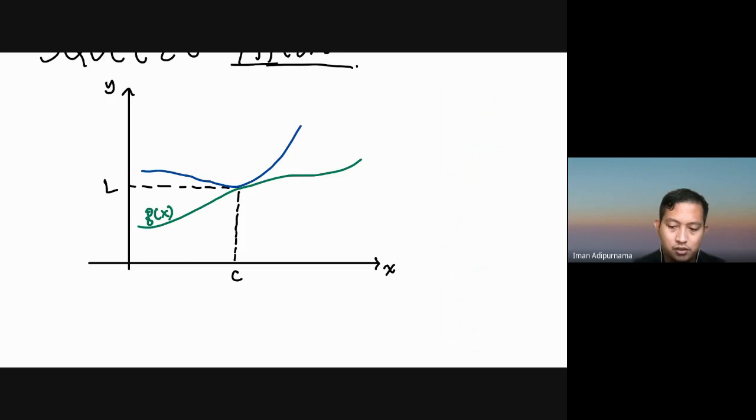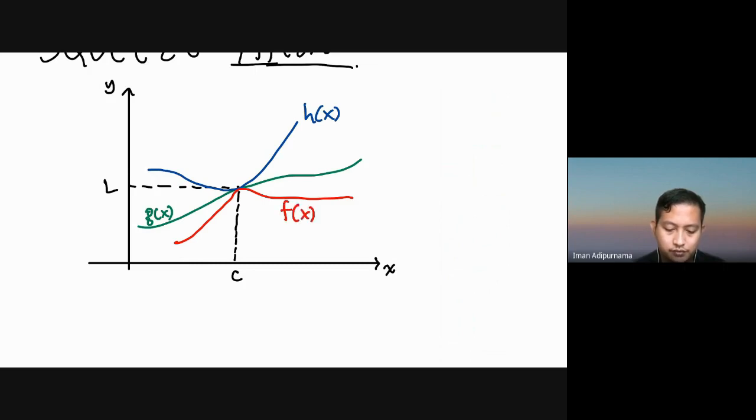And let's start f from the bottom, so this is h, and the last one is f. Okay, so all these 3 functions have a common intersection at x equals c.